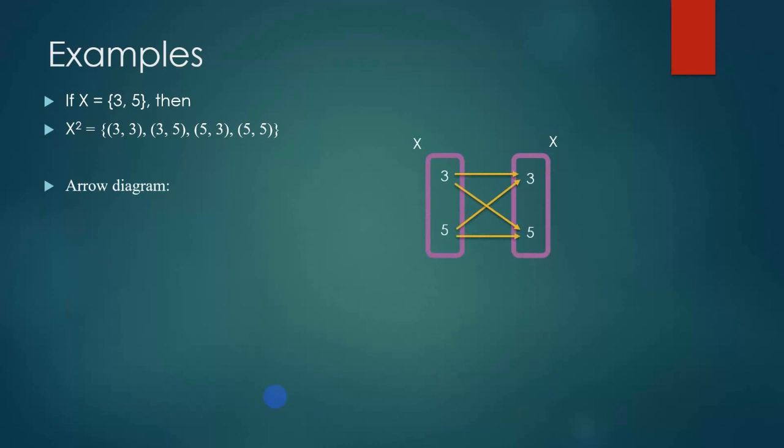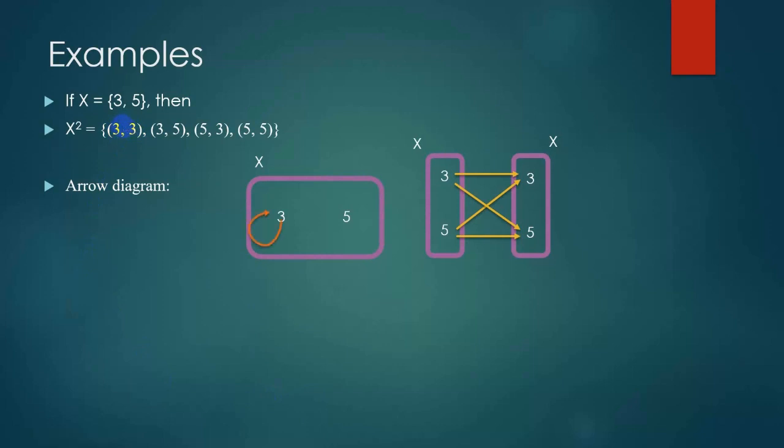There is another way for the arrow diagram. Here is the set x, and these are its elements. Each ordered pair is to be represented with an arrow from the first projection to the second projection. So this ordered pair (3, 3), how will it be represented?